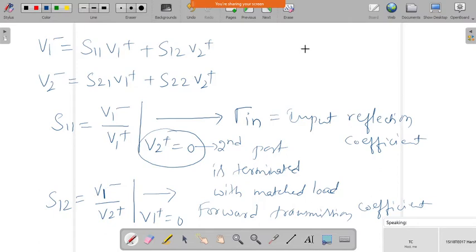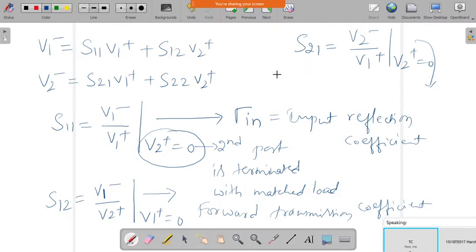Now similarly we can define S21, which is equal to V2 minus divided by V1 plus at V2 plus equal to 0, and we call this the forward transmission coefficient. Actually S12 is the reverse transmission and S21 is the forward transmission.